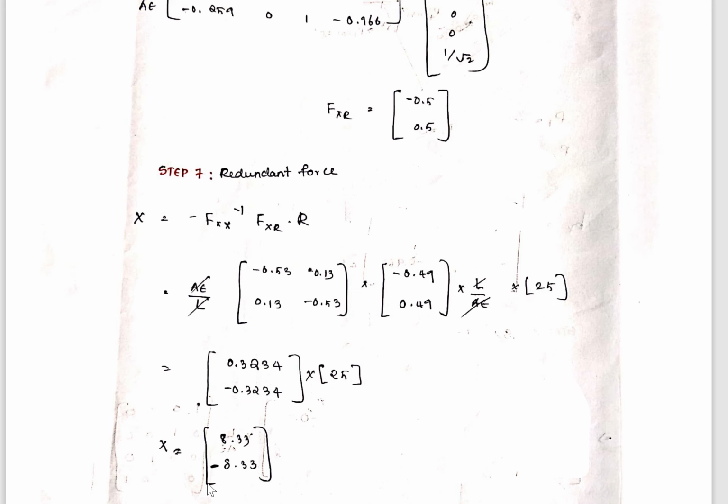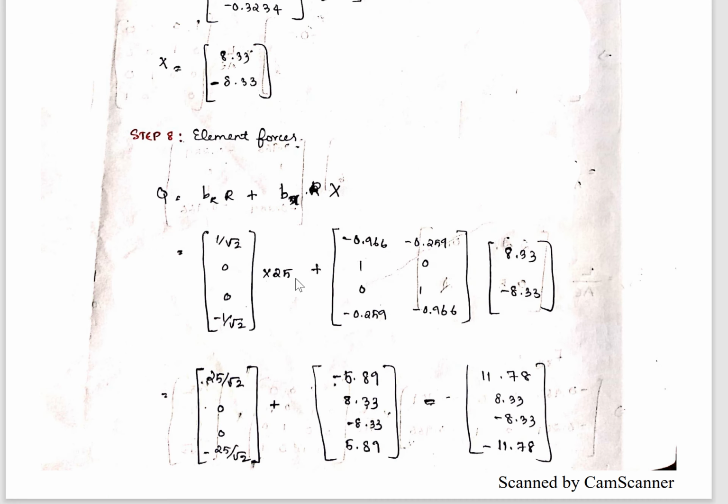Now using this, let's find out the forces in all the members. So to find Q is equal to Br into R plus Bx into X. So substitute the Br matrix, R is equal to 25, then the Bx matrix into capital X, that is the matrix containing the values of the redundants, 8.33 and minus 8.33.